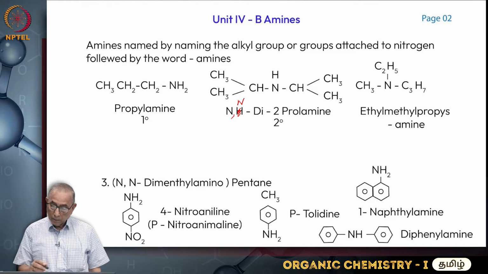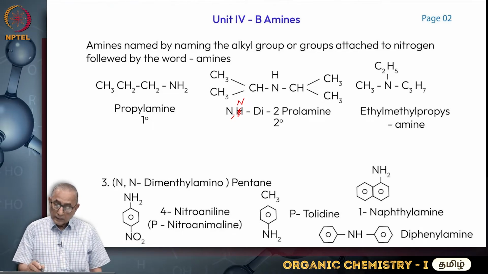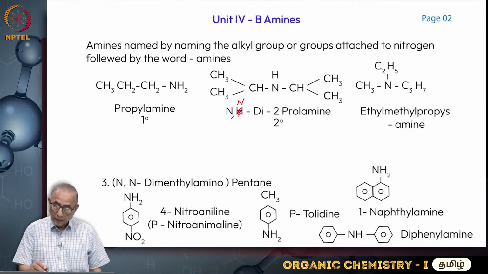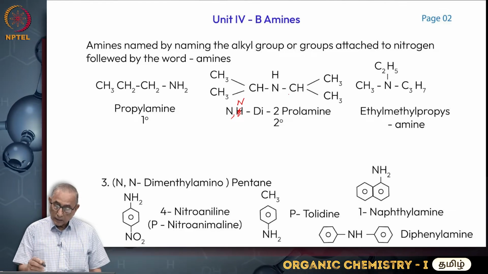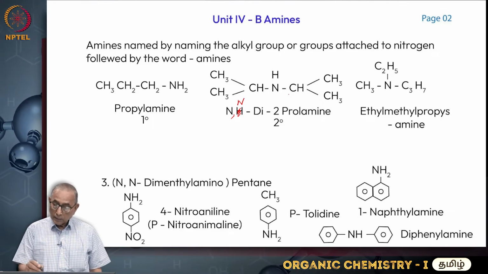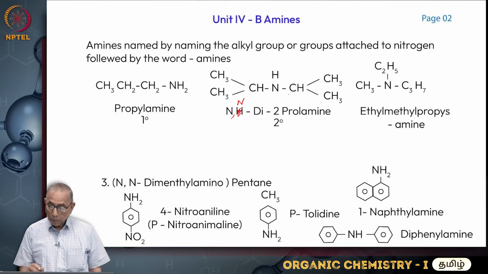It's not propyl group, it's isopropyl group. Since there are two groups, it's di. 2-propyl means it's attached to the nitrogen by the second carbon atom. If it were the first carbon atom, we would just call it dipropylamine.